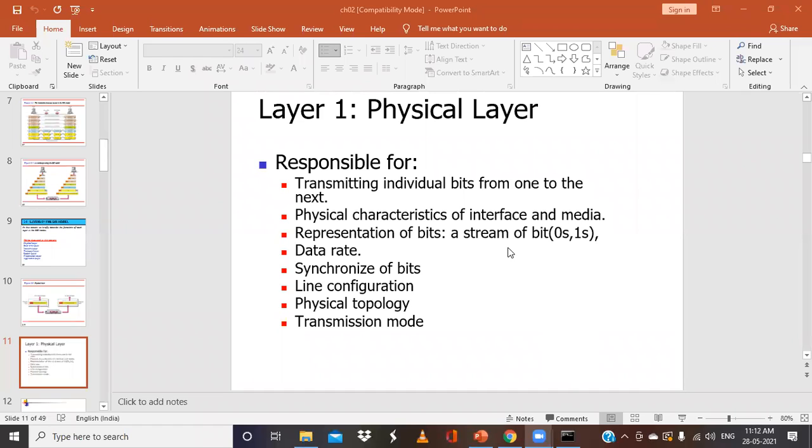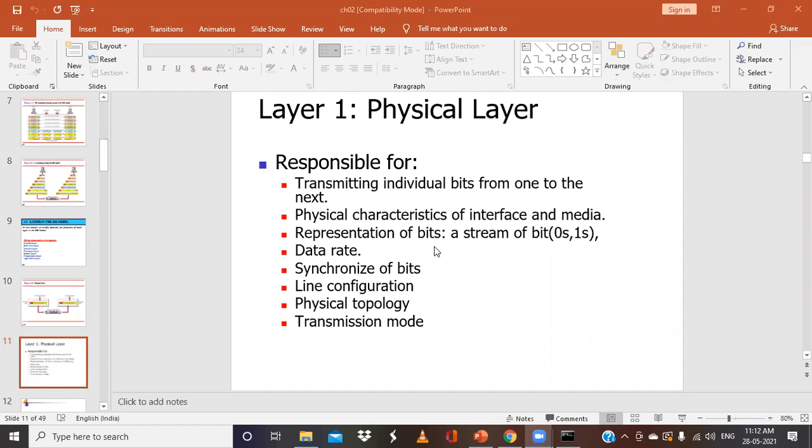So it will take care of the representation of these bits. The physical layer defines the type of encoding: how a zero is represented and how a one is represented, or how they are changed in terms of signals. That is one important aspect.